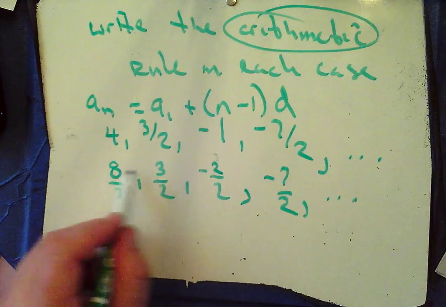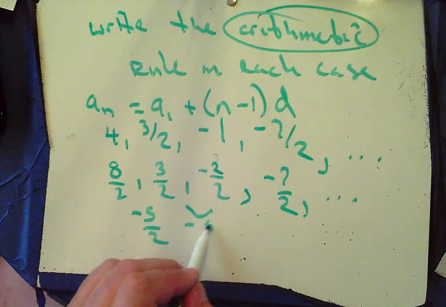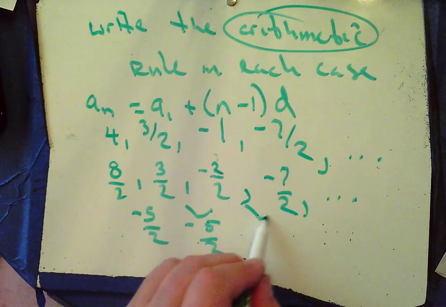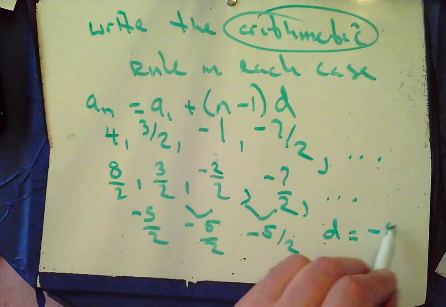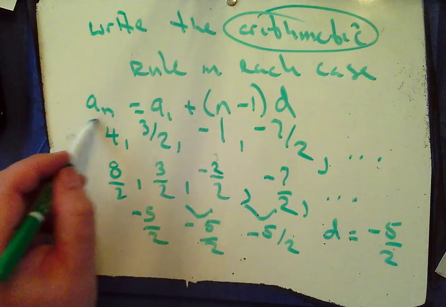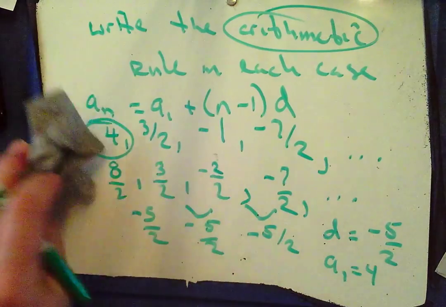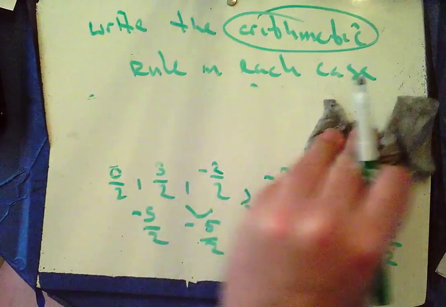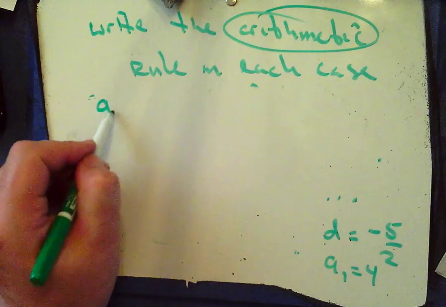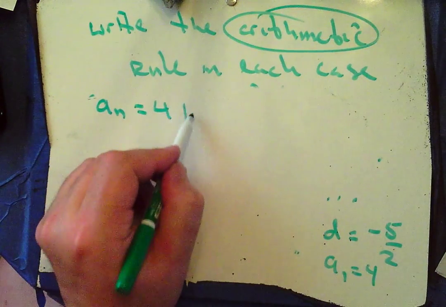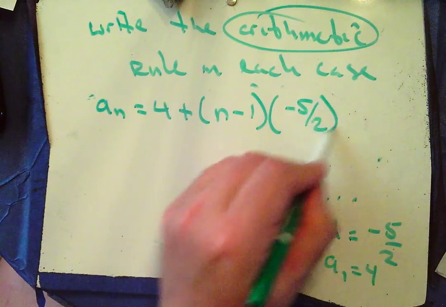Okay, so what do we see? We're going down by 5 halves, down by 5 halves, down by 5 halves. So we know d equals -5 halves. And we see a sub 1 equals 4. So I write my rule as a sub n equals 4 plus n minus 1 times -5 halves.